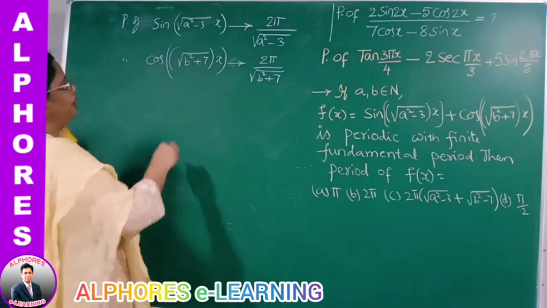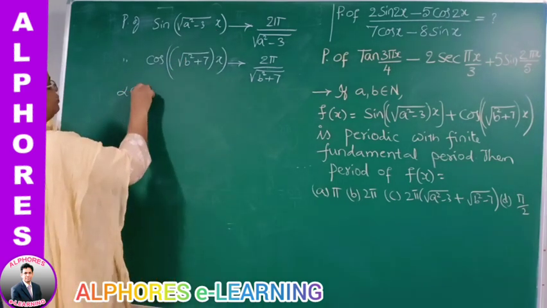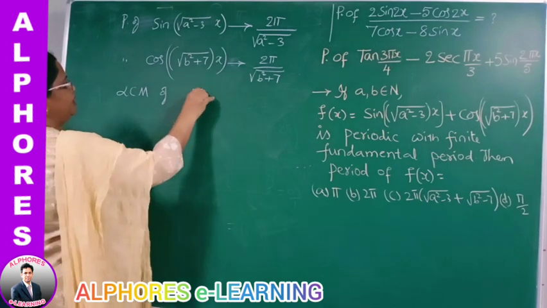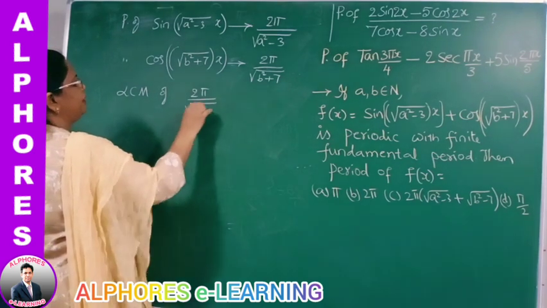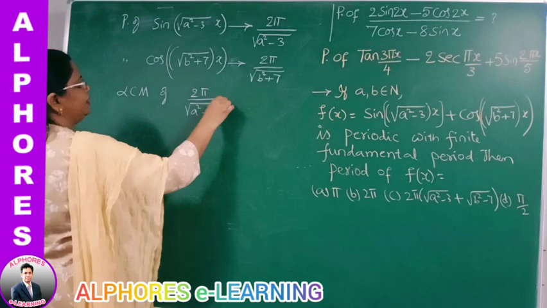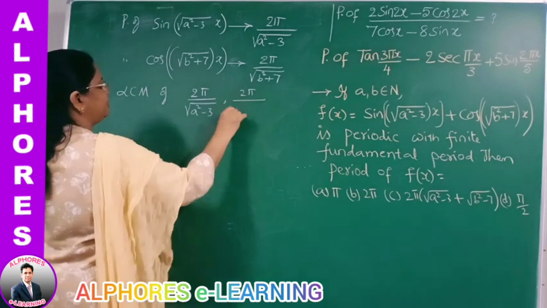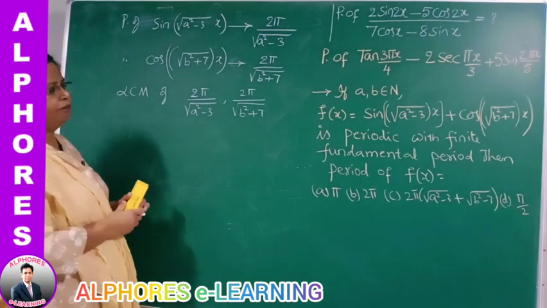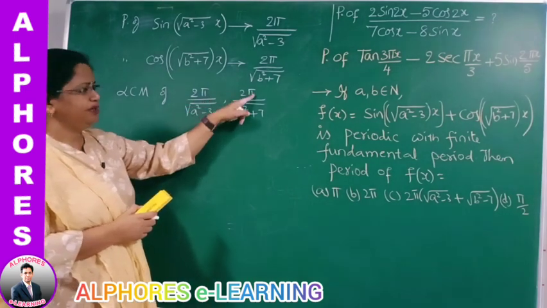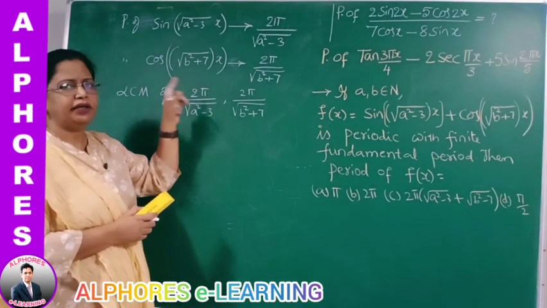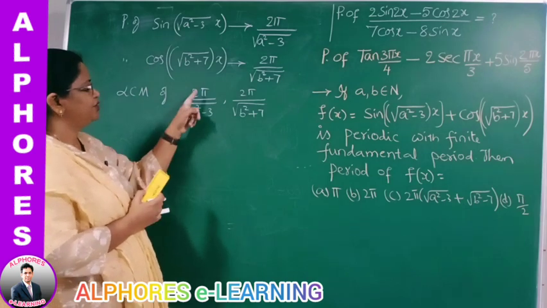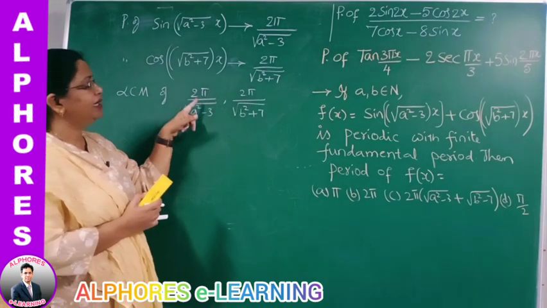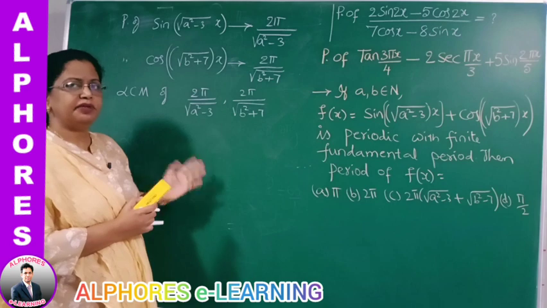Now what about the LCM here? You have to take the LCM of the individual periods, that is 2 pi by root of a square minus 3, comma, 2 pi divided by root of b square plus 7, right students? Now what about pi? Pi is nothing but an irrational number. When two irrational numbers are like surds, the LCM exists.